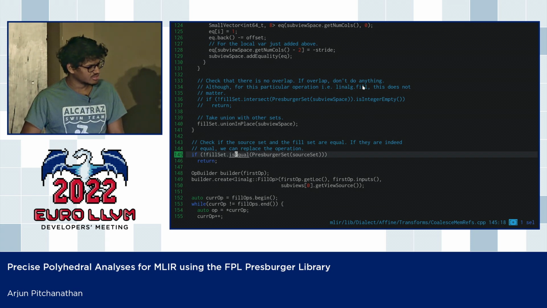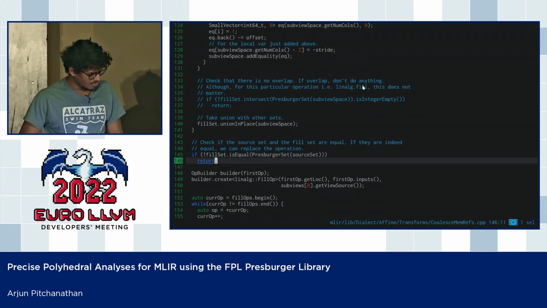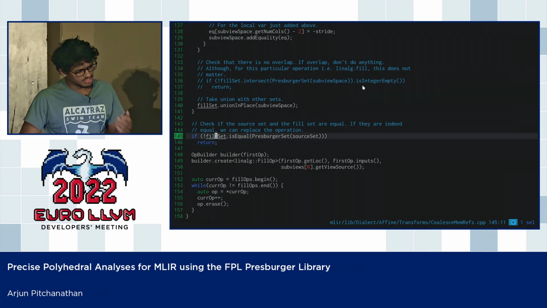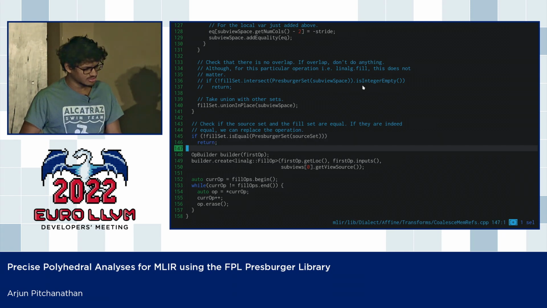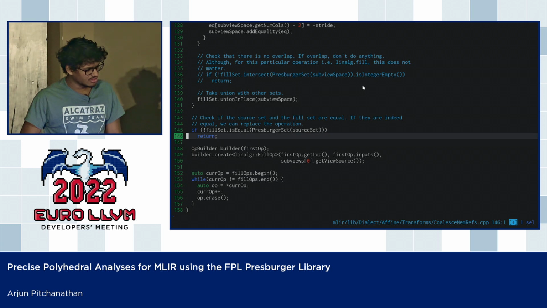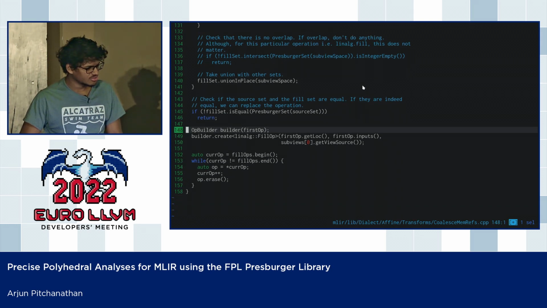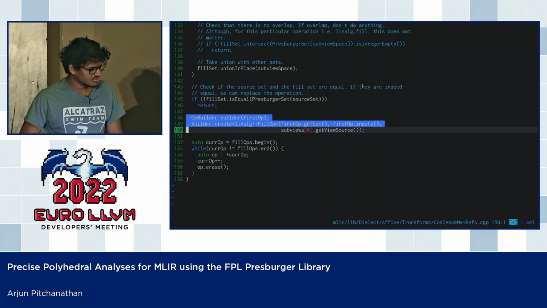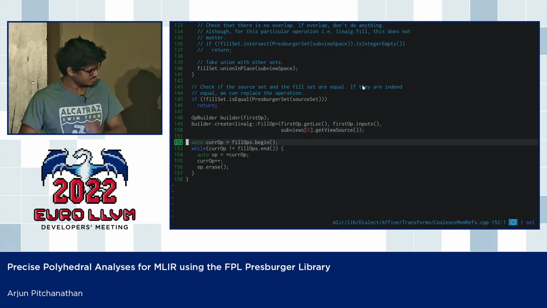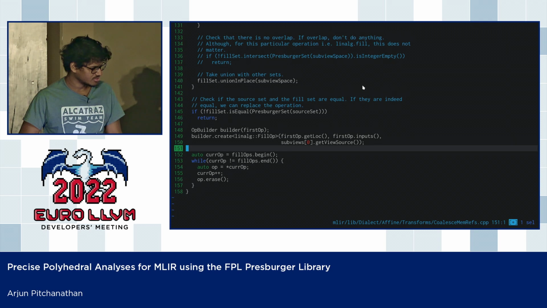So we say fillSet.isEqual(presburgerSet(sourceSet)). The fill set is a Presburger set because it's a union of integer polyhedrons, which I mentioned earlier. And if they're not equal, then it wouldn't be correct to replace it by the base array, so we return. And if they are equal, we simply replace all these fill operations with a single one.